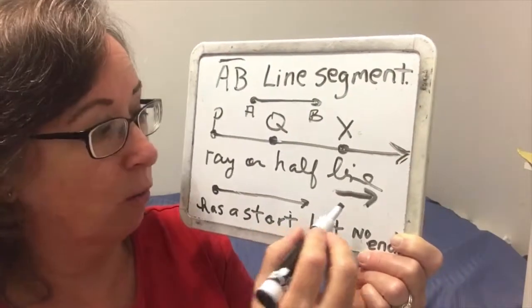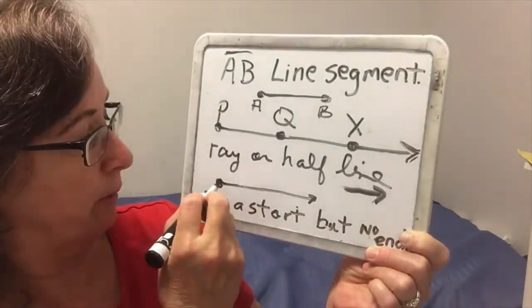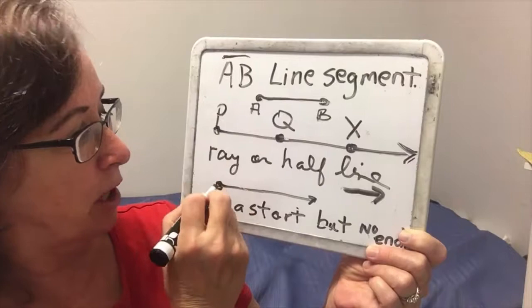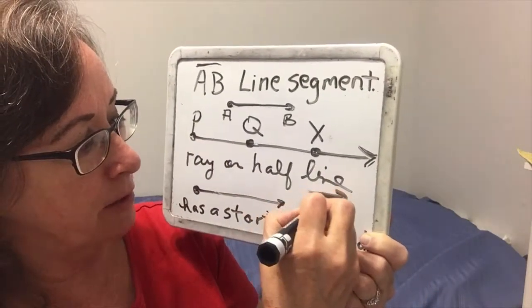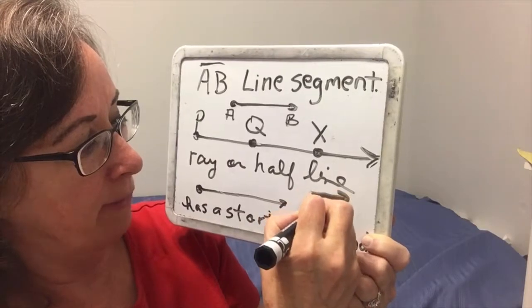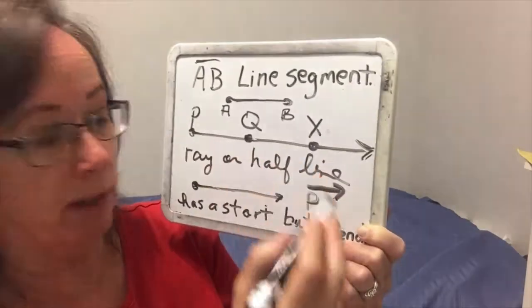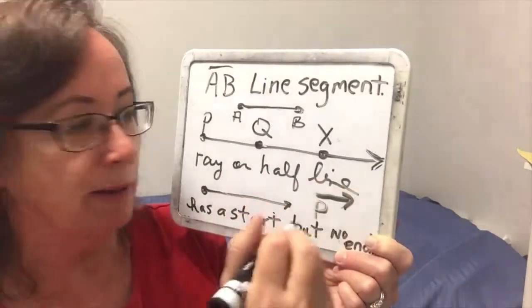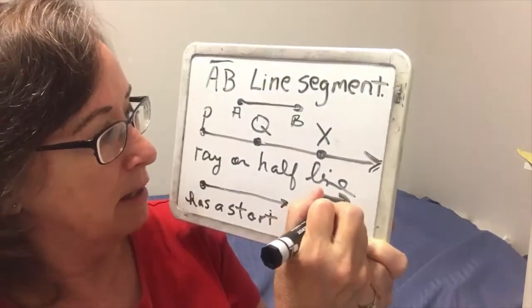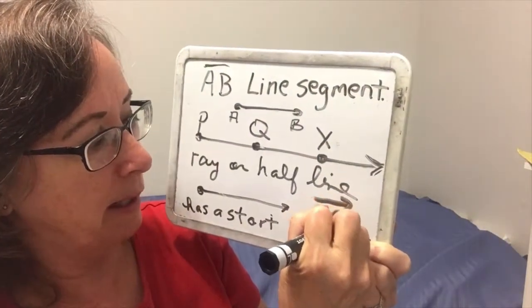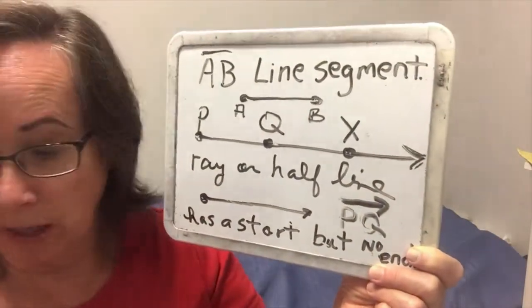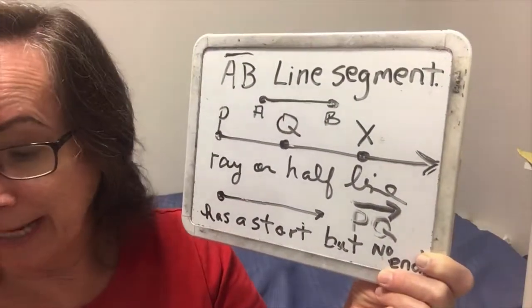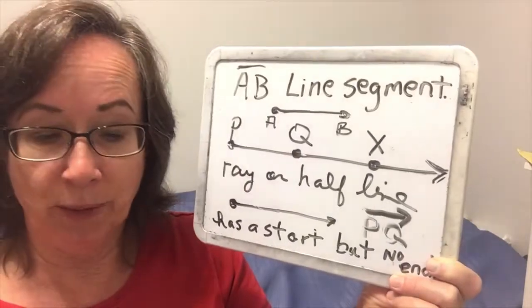So we have one overbar, and since we're starting this ray at P, we're going to put the P first, and then we could put either one of these points, saying it goes through that point and continues. So we could just call this one PQ, or PX would have worked as well. So it has a start but no end.